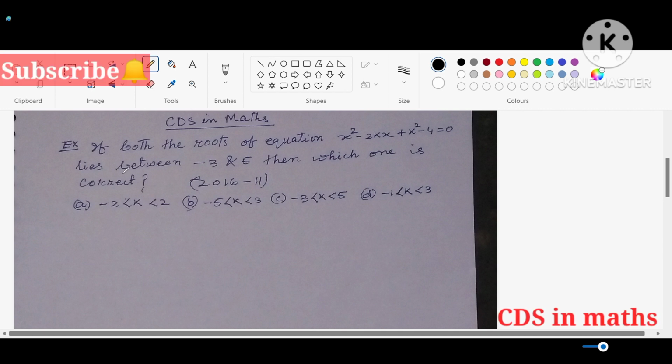Okay, next another question. It came in NDA 2, 2016. What it says is: both the roots of the equation x square minus 2kx plus k square minus 4 is equal to 0 lie between minus 3 and 5, then which one of the following is correct?